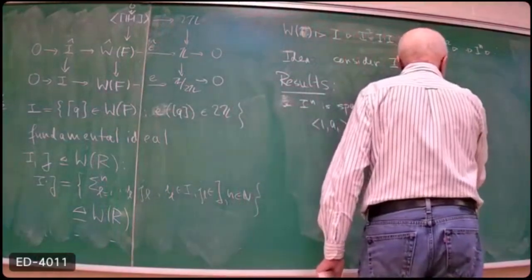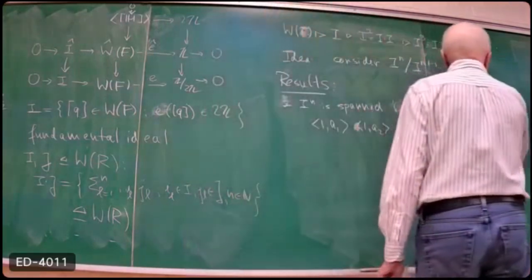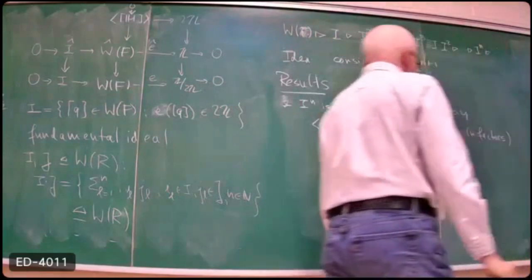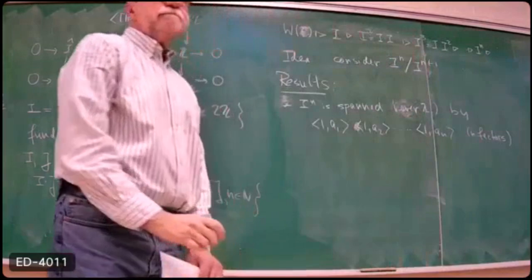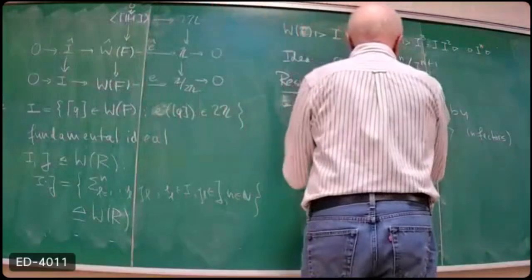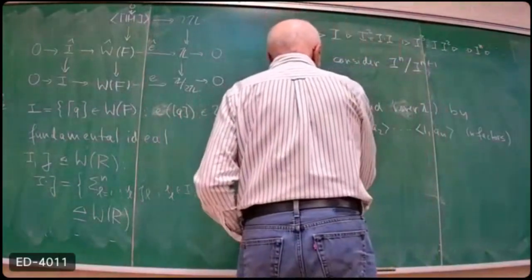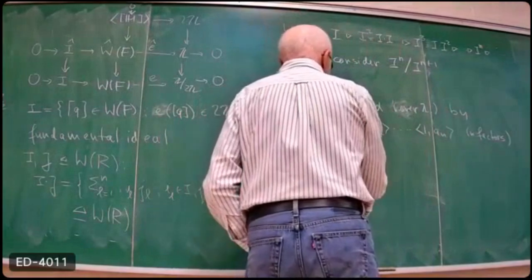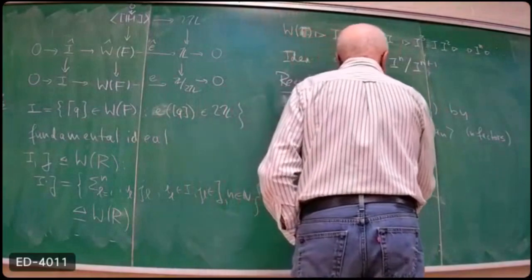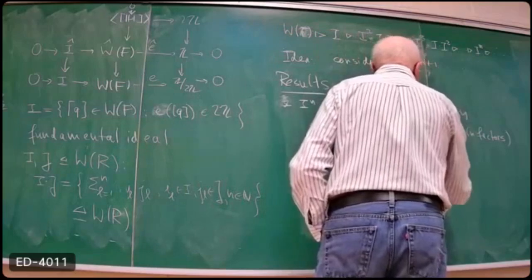And I take n factors. So here I use multiplication, but in fact what it is is simply the class of the tensor product of the corresponding forms.